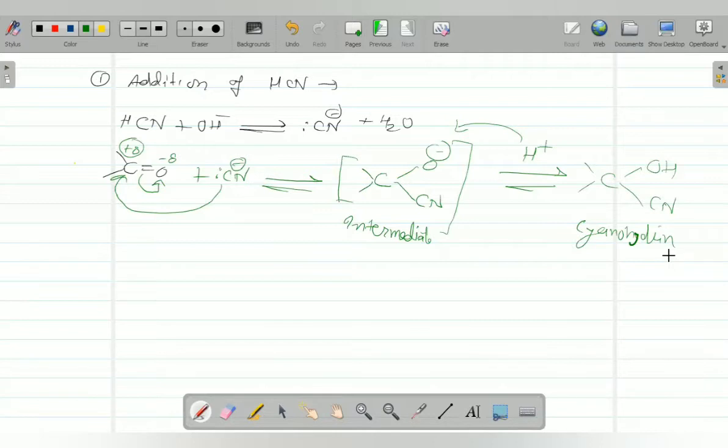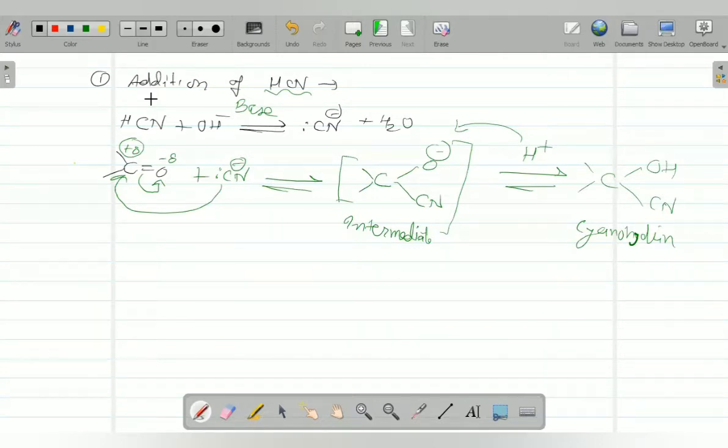So this is a very good example of nucleophilic addition reaction, addition of HCN, and it is catalyzed with a base. This is catalyzed with a base because in presence of base, HCN forms a stronger nucleophile, CN minus.